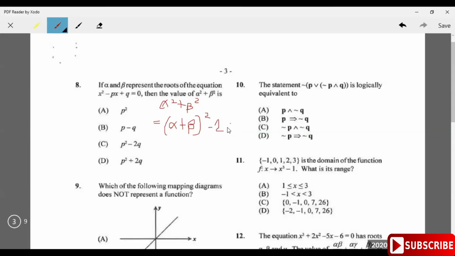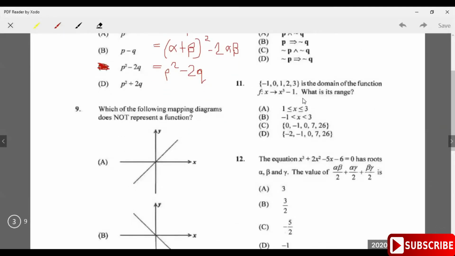Now, alpha plus beta is the sum, and that sum is equal to P, and alpha beta is equal to Q. So it is P squared minus 2 times alpha beta. Alpha beta is Q, and so it is P squared minus 2Q, which is C. Easy, soft.